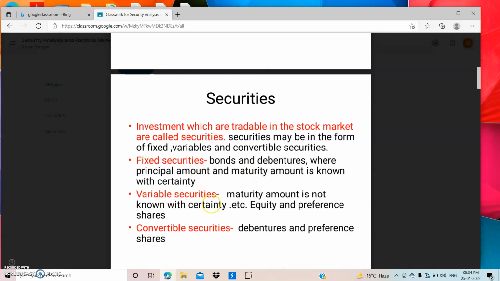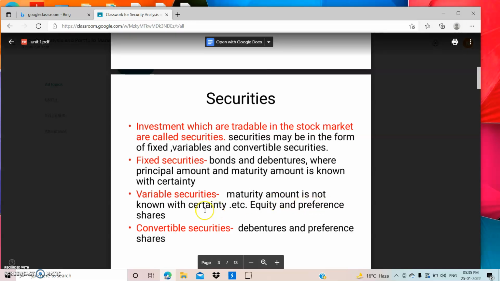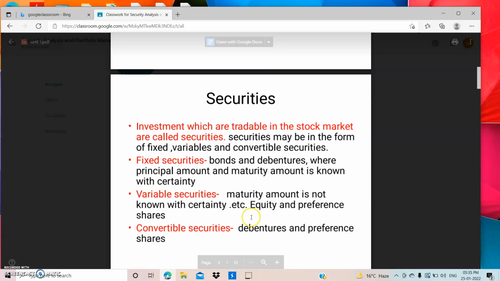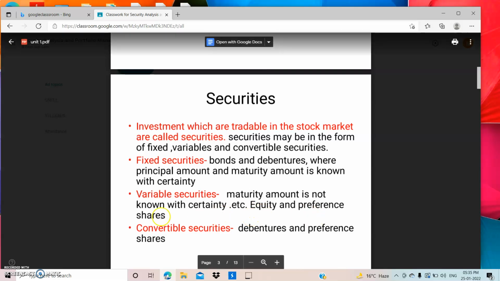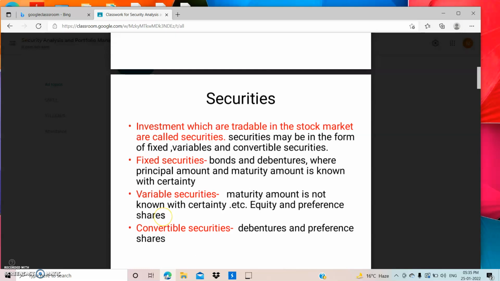Next is variable securities. These are the kind of investment where the maturity amount is not known with certainty. For example, if you invest in company equity shares or preference shares, when they will mature is not known, because you invest in company shares for an indefinite period.